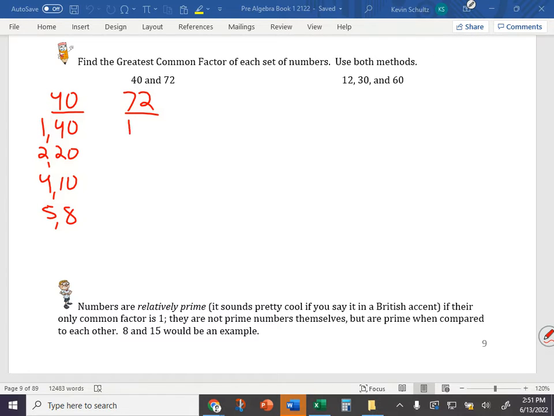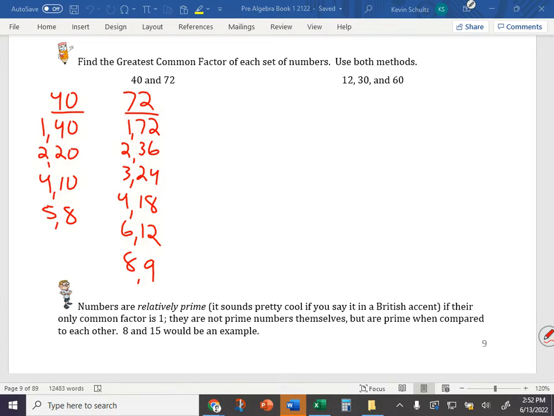For 72, we've got 1 and 72, 2 and 36, 3 and 24, 4 and 18, 6 and 12, and 8 and 9. Okay. So the big disadvantage that we talked about with the listing method is that if you're not so comfortable or familiar with your factors, with your multiplication tables, this is going to be challenging because you might miss the factor pair that you need.